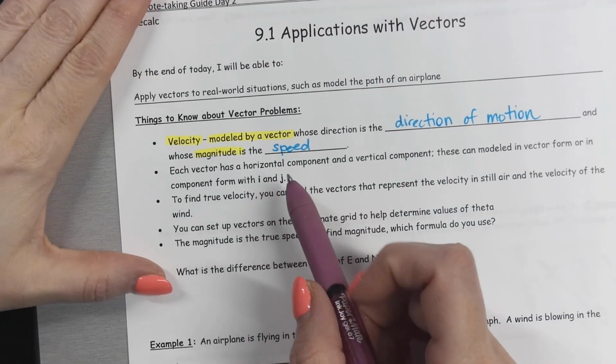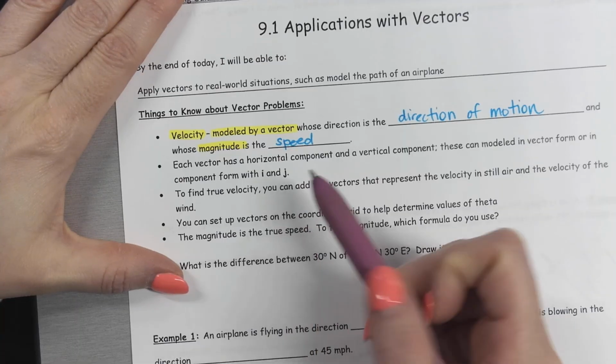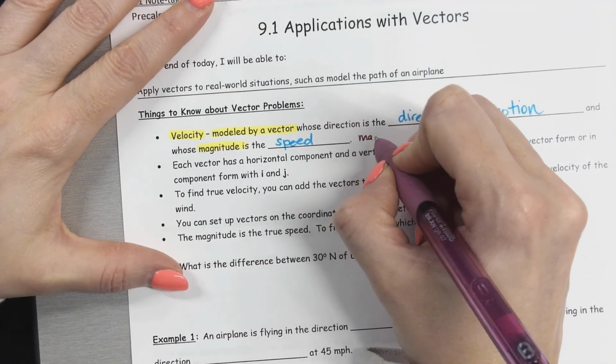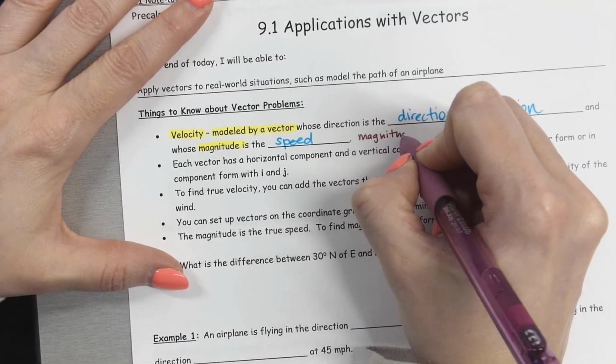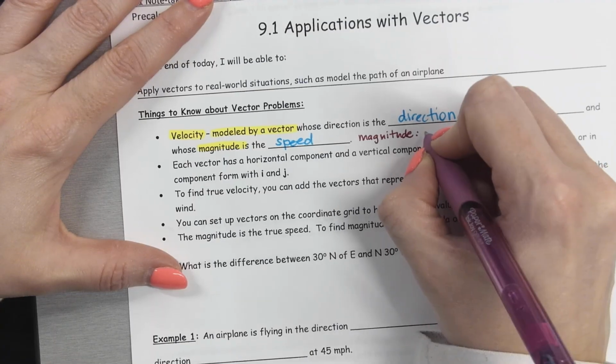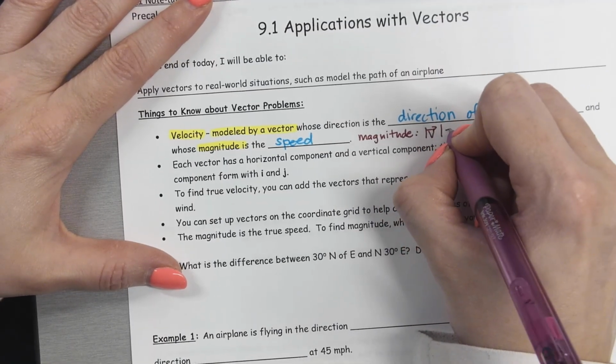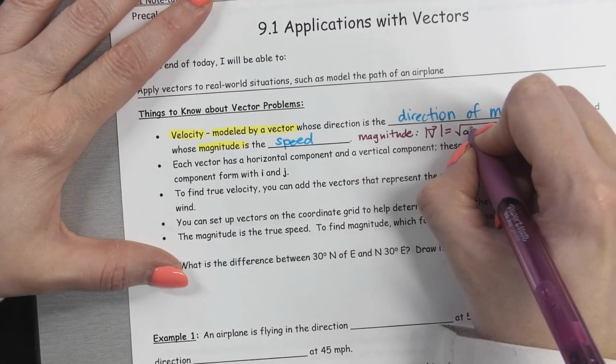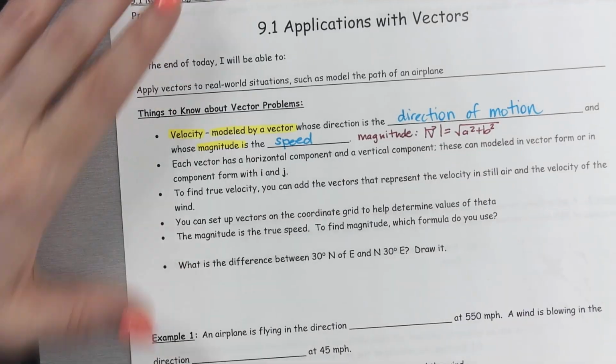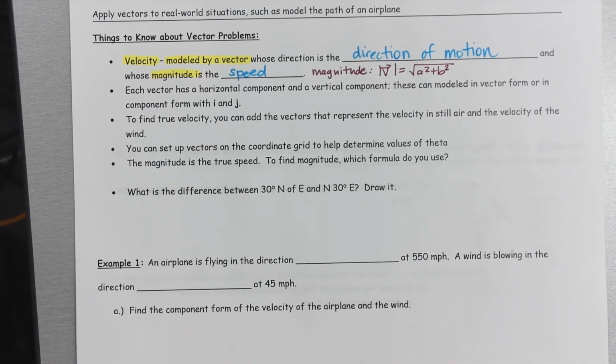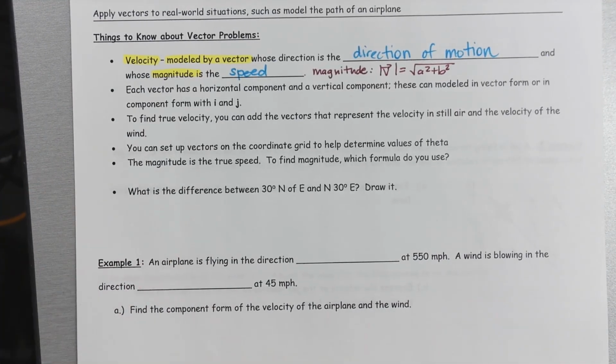Okay, and anytime you hear the magnitude, we're gonna make sure that we associate this with the equation, the square root of a squared plus b squared.